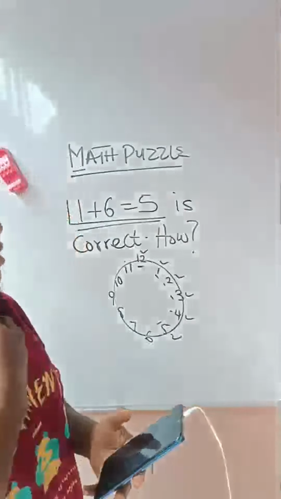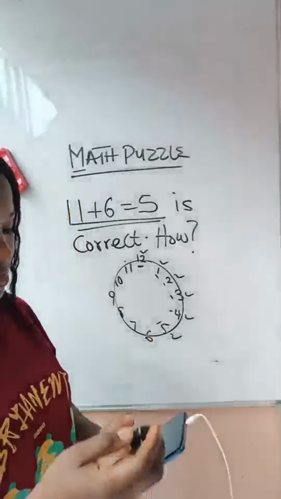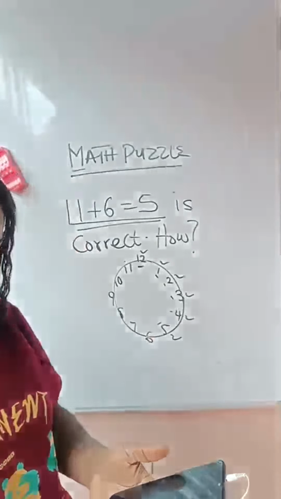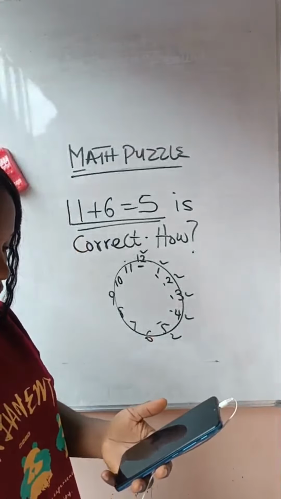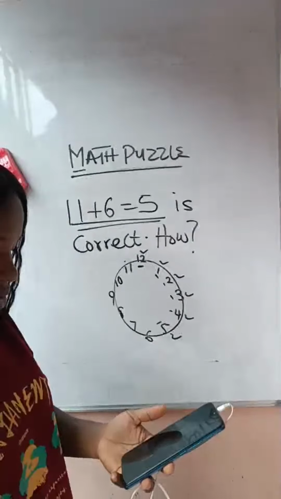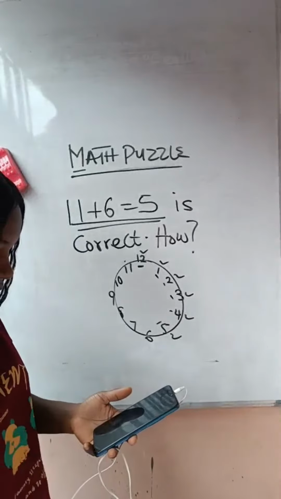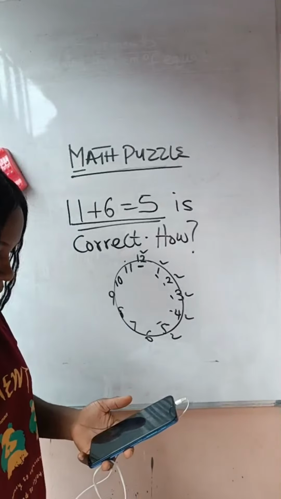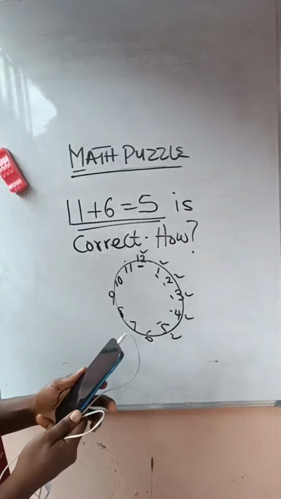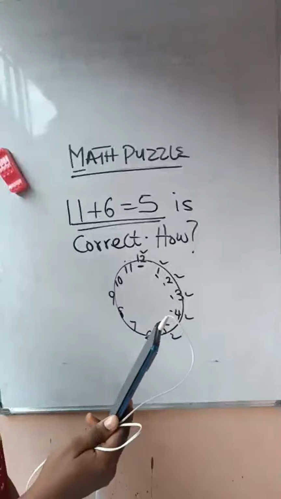Yeah, that is the answer. A 24-hour clock will be 17, but on a 12-hour clock it is 5 p.m. So you did say think out of the box. Yeah, of course. You are supposed to think outside the box.